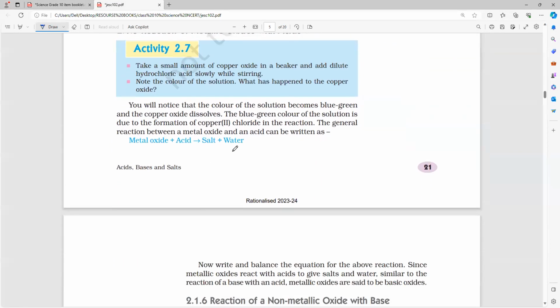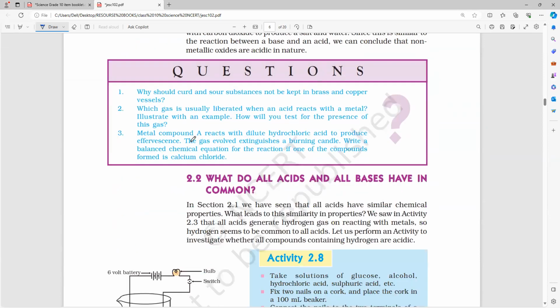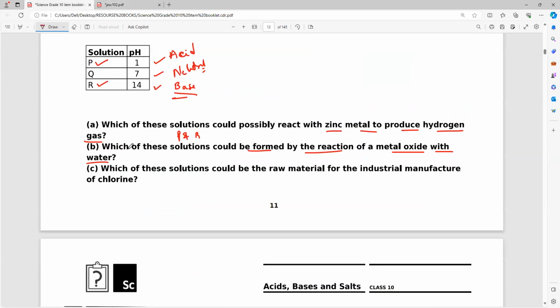Metal oxides plus acid will give you salt plus water. But they are saying metal oxides with water. Which of these solutions could be formed by the reaction of a metal oxide with water?